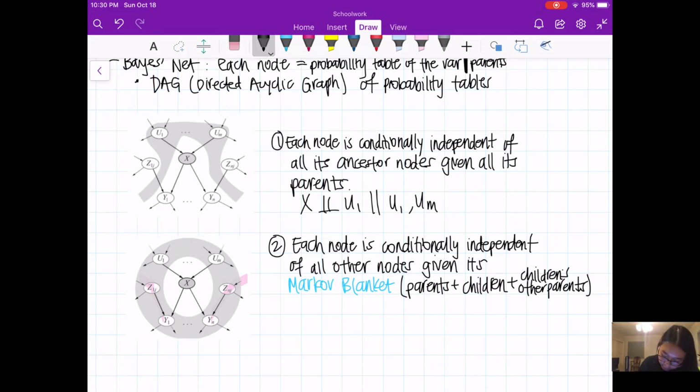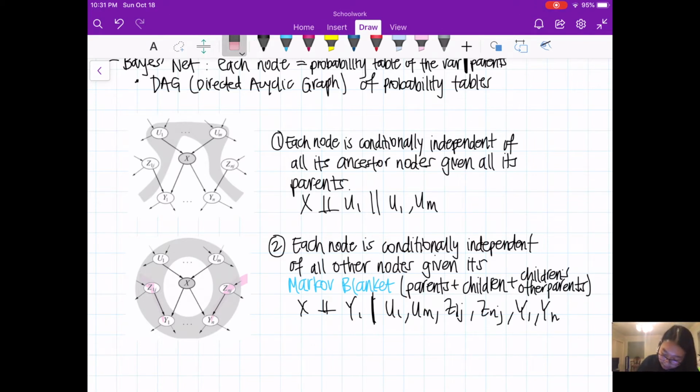So for example, something we can write here is that x is independent to y1, for example, given the u1, c, lj, t, nj, y1, and yn, and so on, depending on everything else.